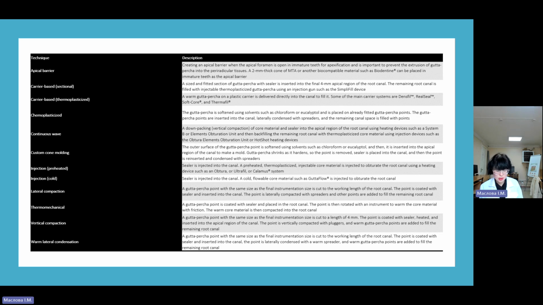The fourth generation one is marketed as Epiphany RealSeal. The manufacturer claims that it bonds to the Resilon and attaches to the etched root surface, resulting in a gap-free solid mass in the root canal.